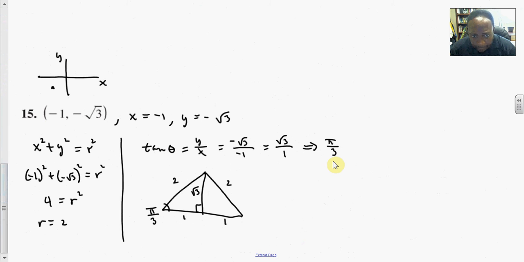So we have this point here, and then the point opposite of it would be up here. So let's see. Now that point here, x is negative, y is negative. So this point we don't have in terms of the angle. This guy here would give us pi over 3.